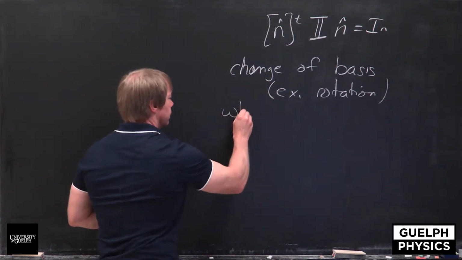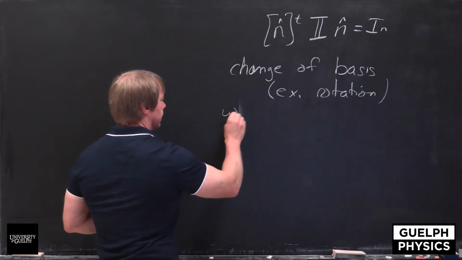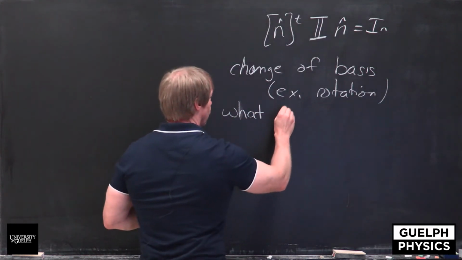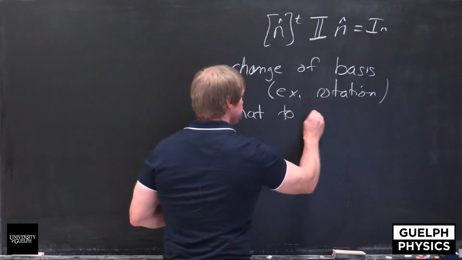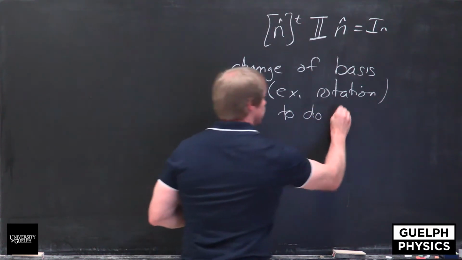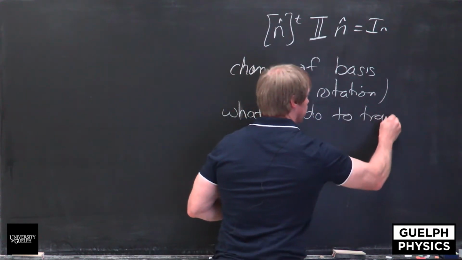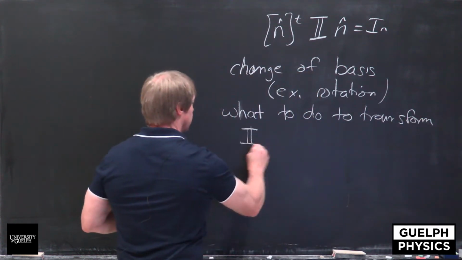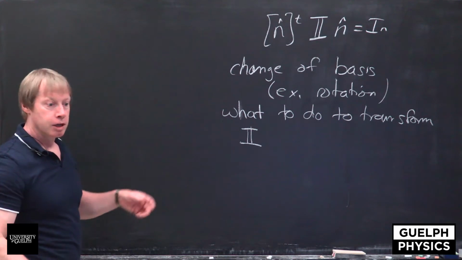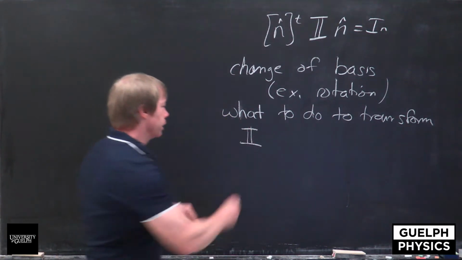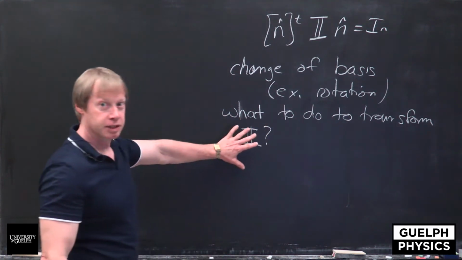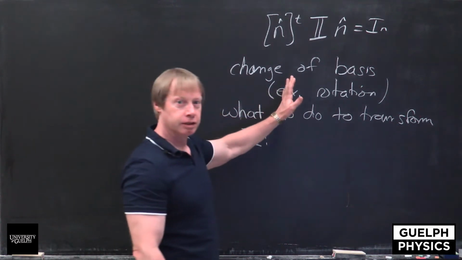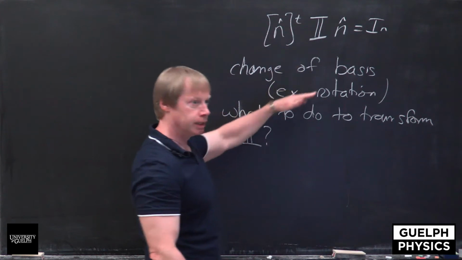And we can ask what to do to transform our inertia tensor. So we've already gone through a lot of work to derive this thing, and you don't want to derive it for any particular small change in a basis.